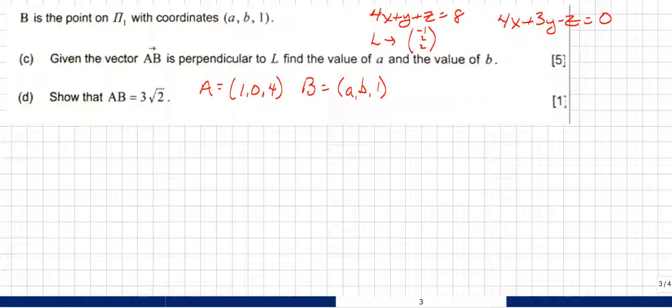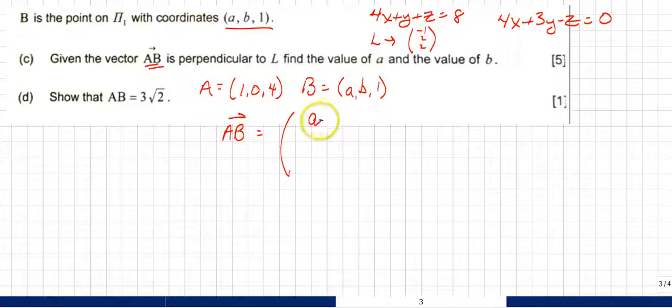Part C of the same problem is worth 5 marks. It says, given the vector AB, well, first of all, we have to figure out what vector AB is. Well, we were given A in the previous part as (1, 0, 4), and point B is given up here as (a, b, 1). So for vector AB, remember to find a vector, you just take the second x minus the first x and so on.